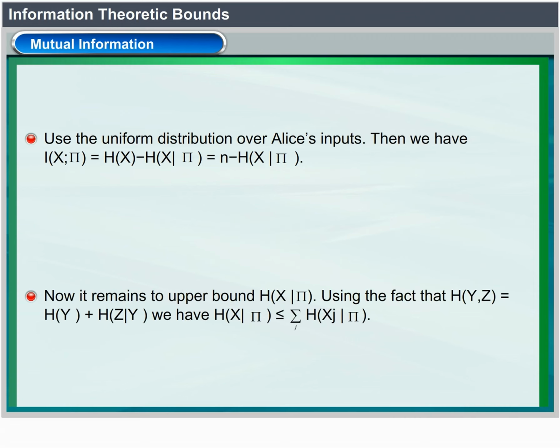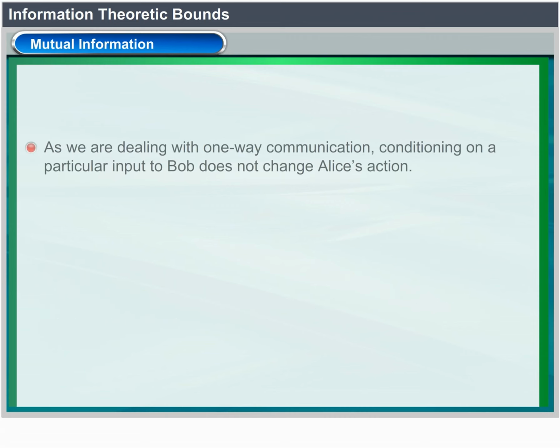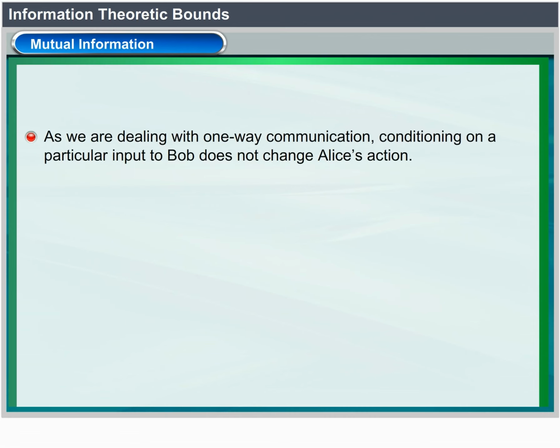Now it remains to upper bound H of x given Pi, using the fact that H of y, z equals H of y plus H of z given y. We have H of x given Pi less than or equal to the summation over j of H of x_j given Pi. As we are dealing with one-way communication, conditioning on a particular input to Bob does not change Alice's action.